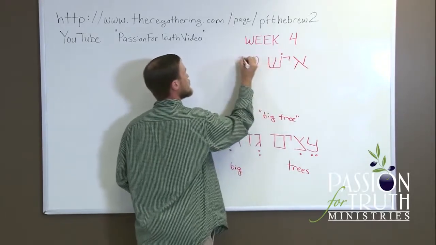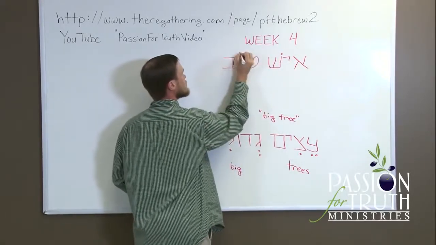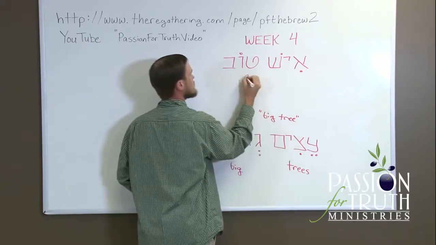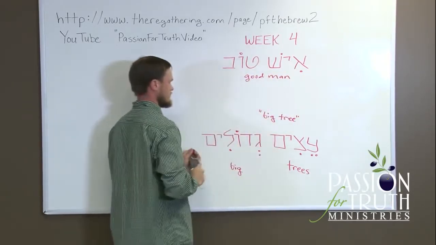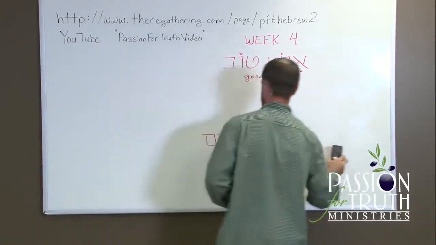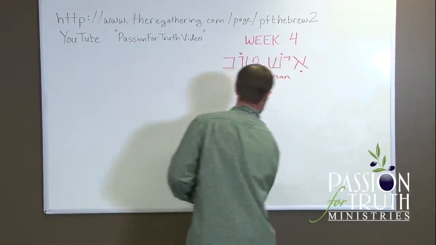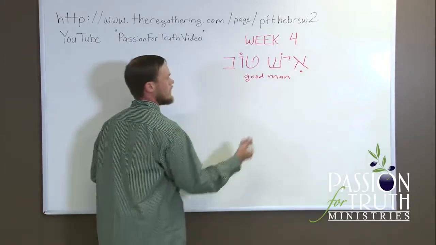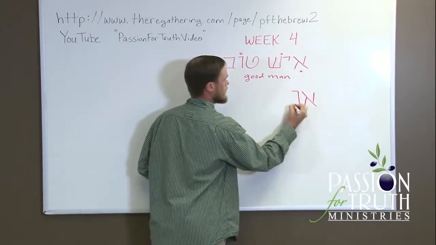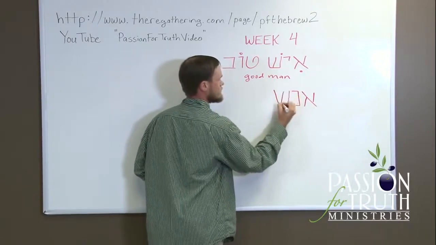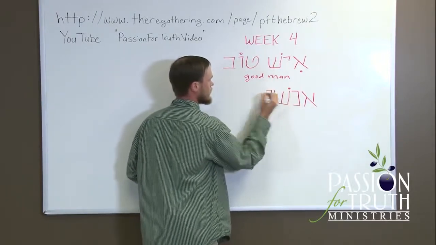Okay, ish tov, that's a good man. Okay, plural of ish is anashim. It's an irregular plural, but one that you'll encounter frequently.